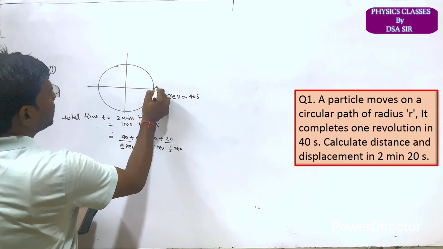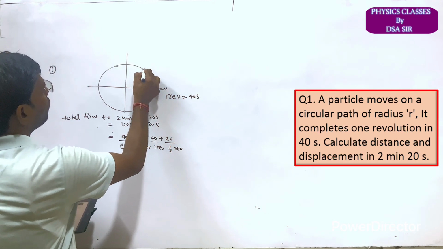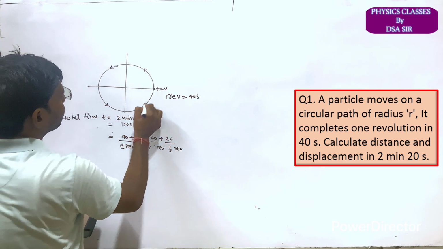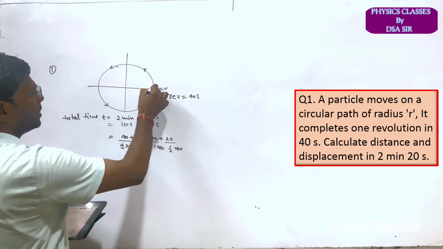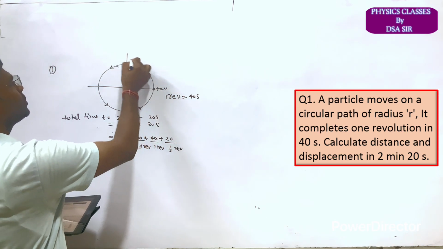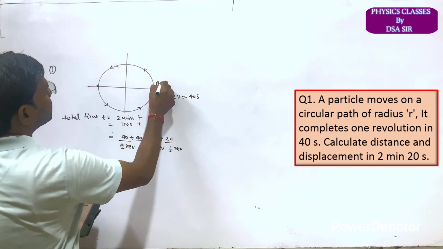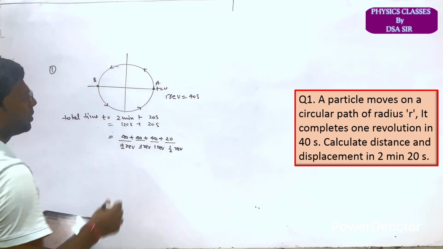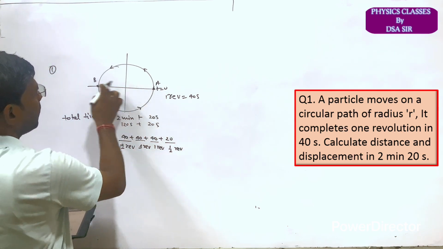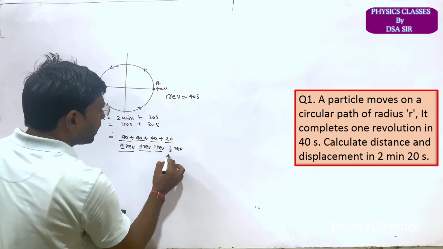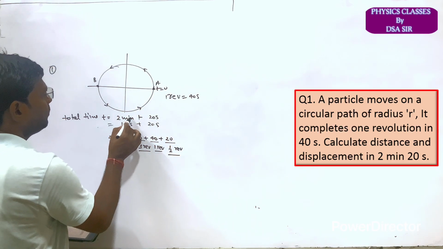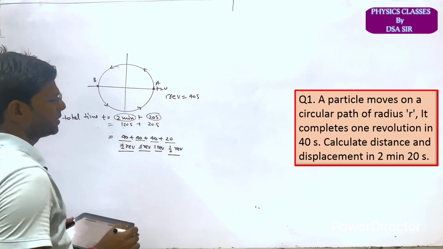In 40 seconds it starts from here, moves like this and completes one revolution, then 40, then 40. So 3 revolutions plus 20 seconds. If it starts from here, it reaches point B, diagonally opposite to the initial point. So it covers 3.5 revolutions in a time of 2 minutes 20 seconds, right?